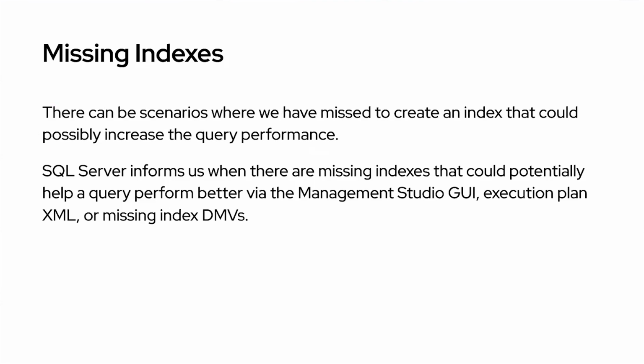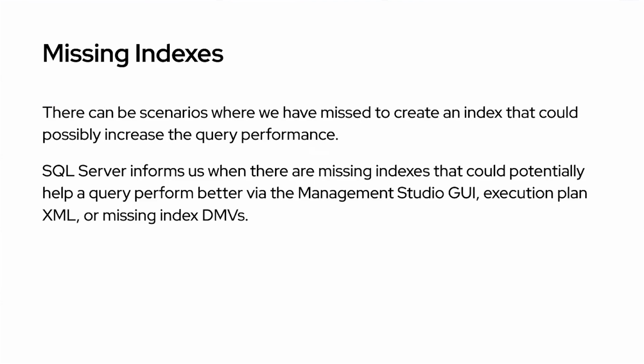And after those strategies, I'm going to show you another useful feature in SQL Server. This is called missing indexes. So we can miss an index that could improve the performance of our queries. In such scenarios, SQL Server informs us what the missing indexes are that could potentially help us.